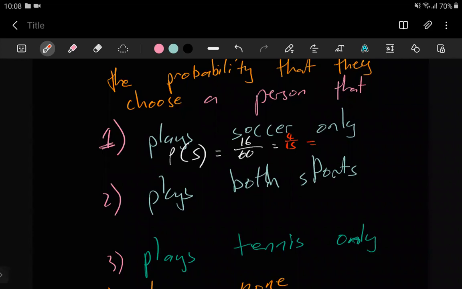So any probability answer you get, if you're going to write it as a percentage, you just multiply by 100. So this is going to be equal to 26.67% if they ask for a percentage. But for probability questions, you can normally just end off with the fraction in its simplest form, and then you'll be good.